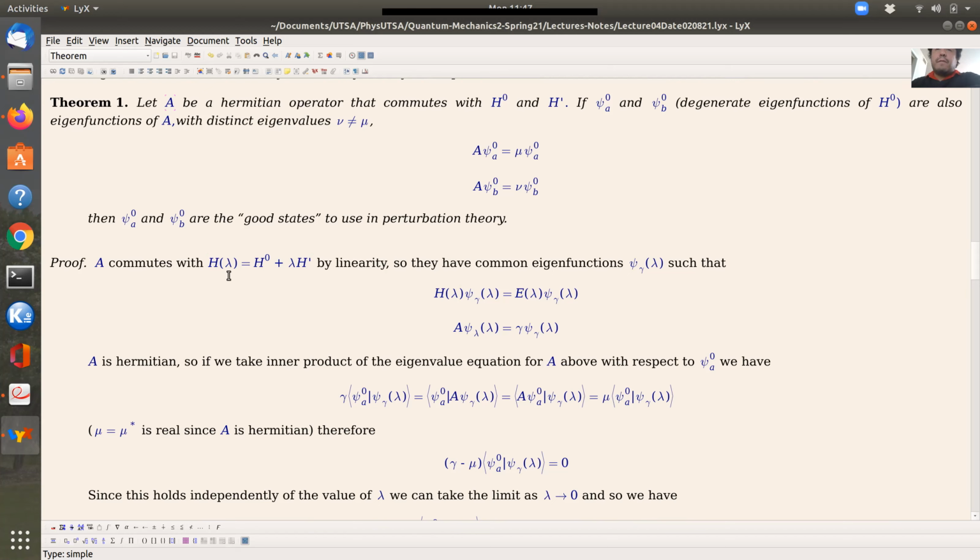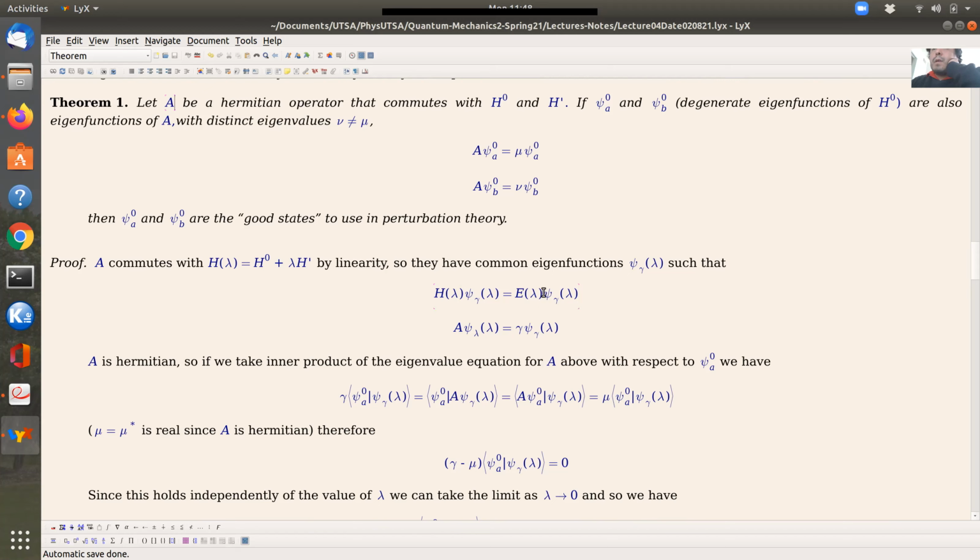And so a property when you have a commutation is that you'll have common eigenfunctions. We're going to denote them by psi gamma of lambda, such that the following holds: it's an eigenfunction of the operator H, which is the full perturbed Hamiltonian with a given value of lambda.